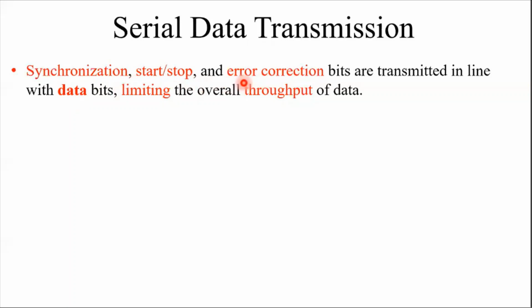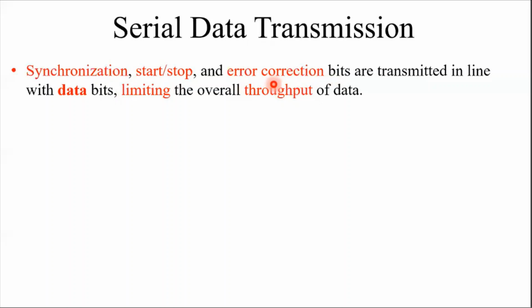If the error correction embedded in the frame is the same as the error correction bit calculated by the receiver, then it is assumed that the data received is correct without any error. So this is the use of the error correction bit.